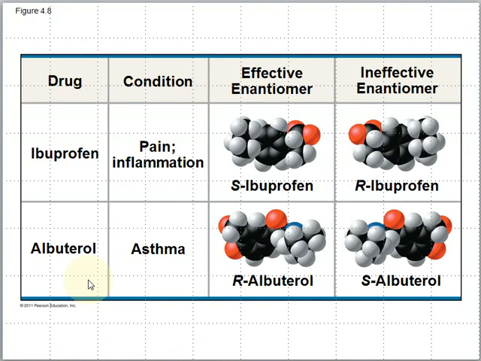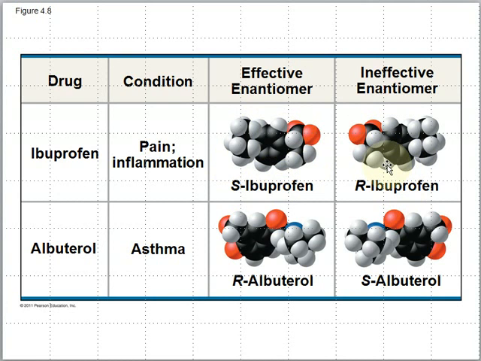The drug ibuprofen that you might take for a headache or sore muscles has two enantiomers, an S and an R enantiomer. Here are the two models of them. The one on the left, the S ibuprofen, is effective. It's what will help cure your headache or relieve your sore muscles.